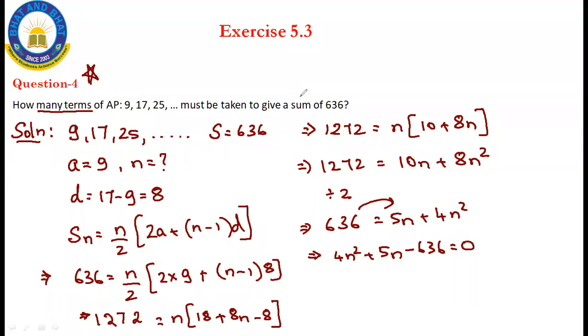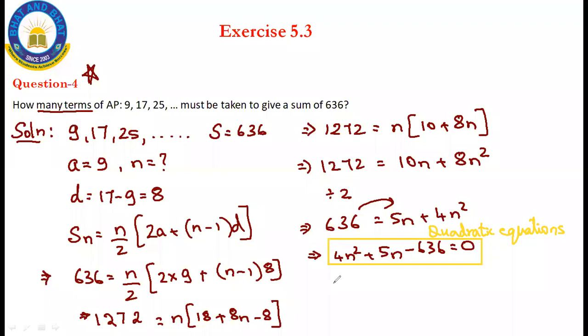So this equation, what kind of equation is this? Very, very important. Yes, they are called quadratic equations. Why are they called quadratic equations? The main part we observe here is you will get two answers, two values of n.